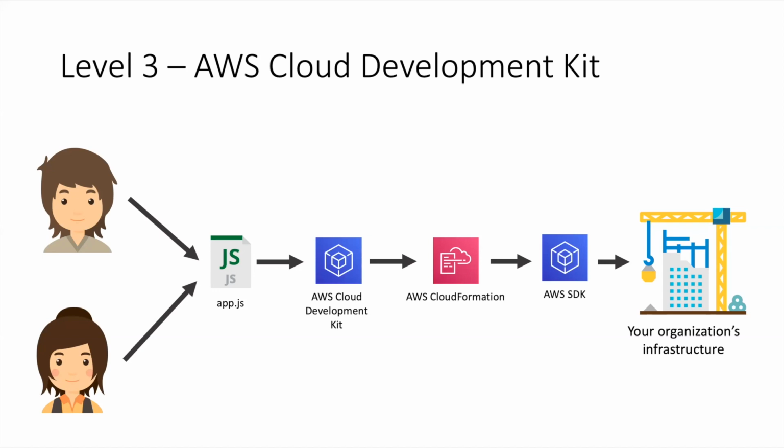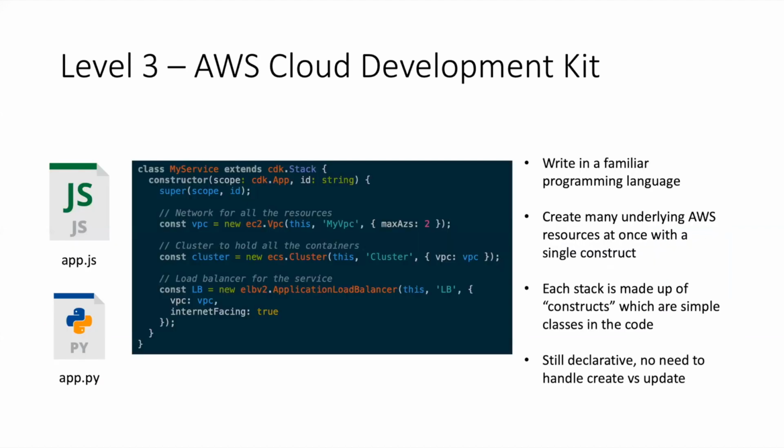AWS Cloud Development Kit then generates that CloudFormation description of your infrastructure, and then CloudFormation makes the calls to the AWS SDK on your behalf. And then the SDK API calls result in your organization's infrastructure being created. So I'll show you now an example of what one of these scripts might look like.